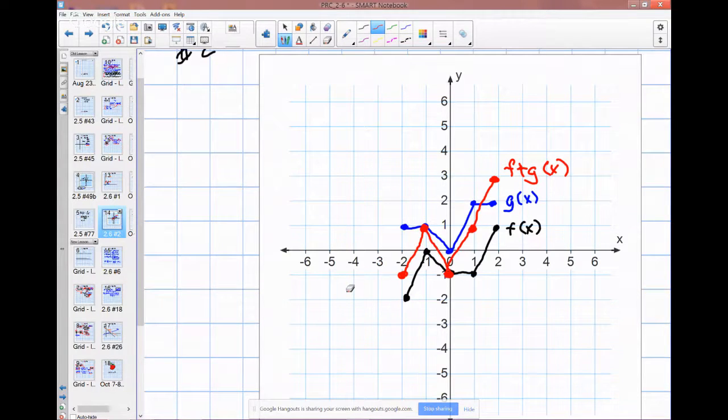Add them together. So again, if you add the black height to the blue height, you would get those red points that I've made there, and then you connect them, and that red one, a bunch of connected segments, is the result when you add them together.